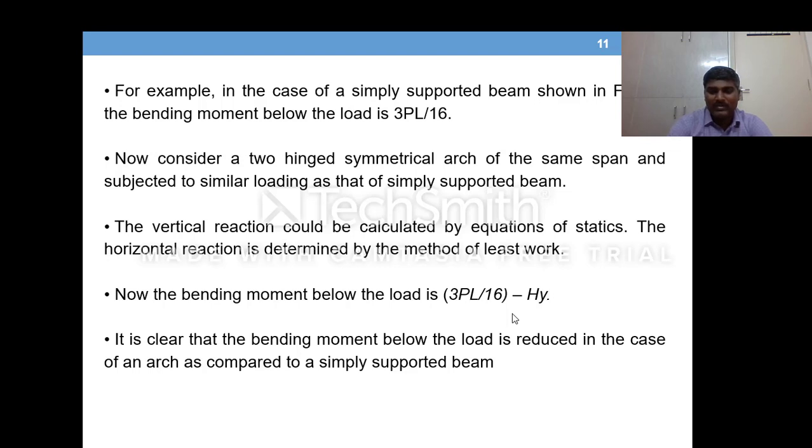How much the reduction is, is nothing but the horizontal reaction that the arch is having, H, and the y is nothing but the height of the point that is taken for bending moment calculation, or the ordinate of the point along the arch.